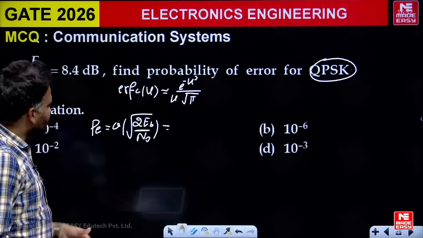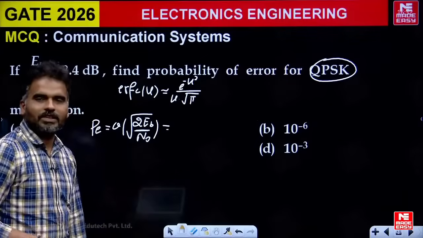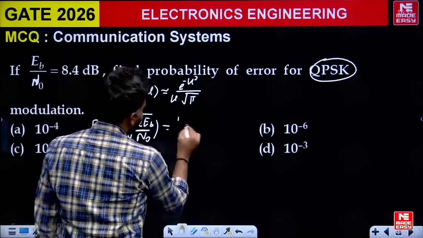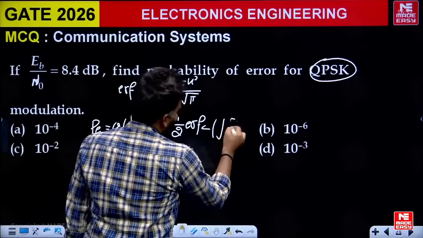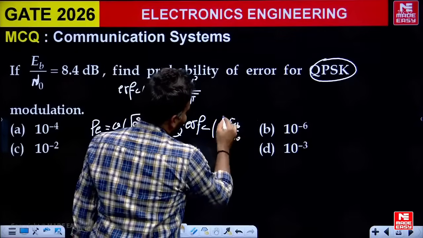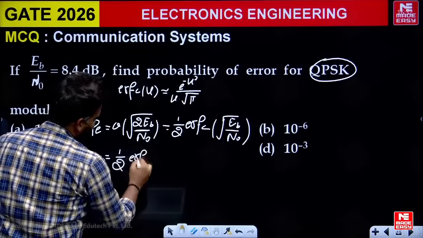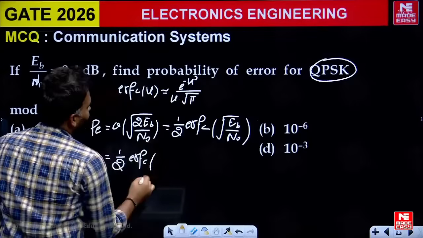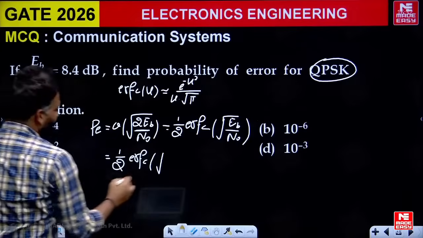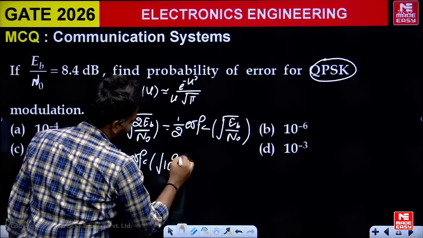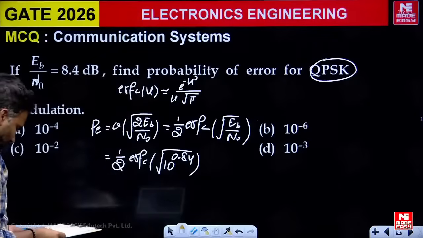If you write this Q function in terms of the erfc function, if you remember, Q(x) is half erfc of x by root 2. So this is half erfc of root Eb upon N naught. This is given as 8.4 dB, and the corresponding normal value is 8.4.